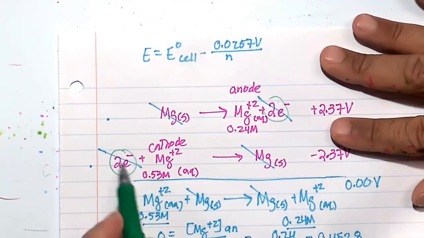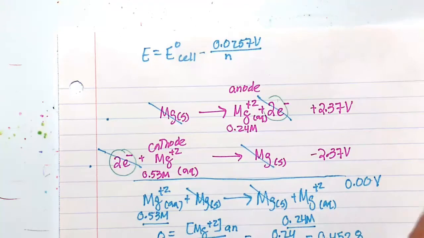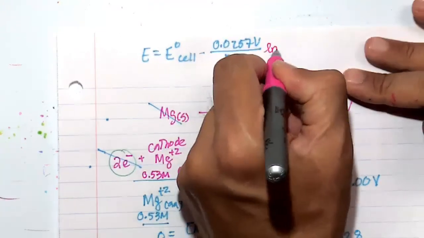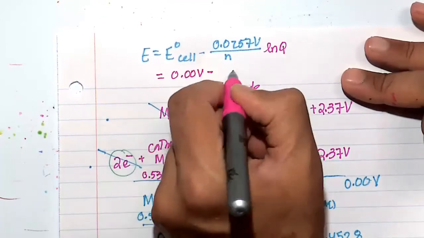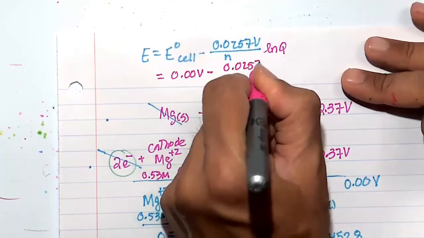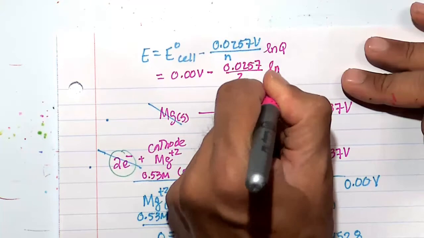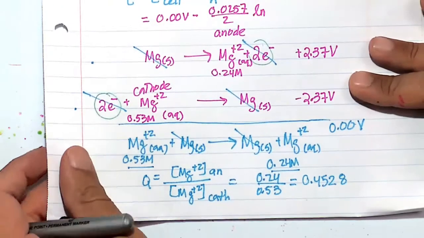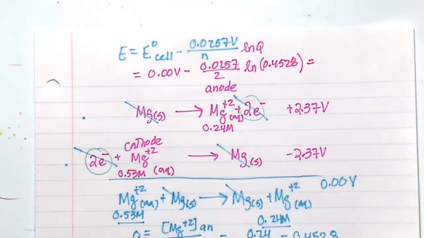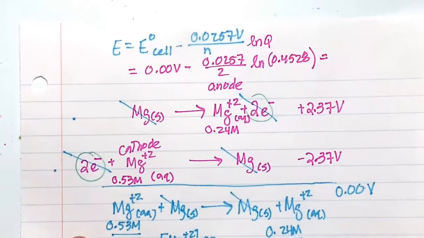Magnesium aqueous gains those 2 electrons, times the natural log of Q. Okay. So E cell we already figured out is 0 volts minus 0.0257 divided by 2. Natural log of Q is 0.4528. So doing that on our calculator will give us EMF.